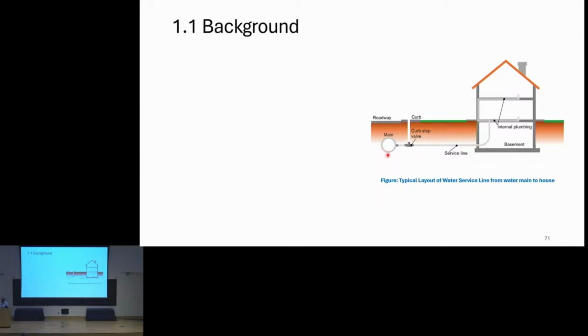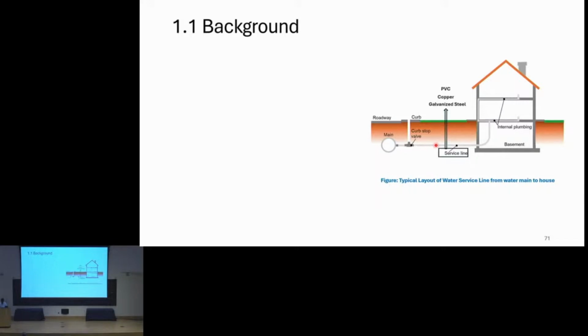This is a typical layout of a water service line. This is the water main from where water flows through this service line and reaches the house. This part of the service line is known as the utility or public service line, and this part is known as the customer side service line.